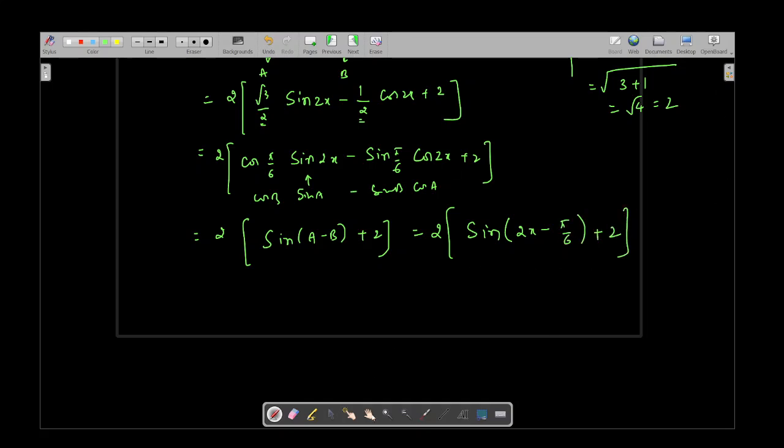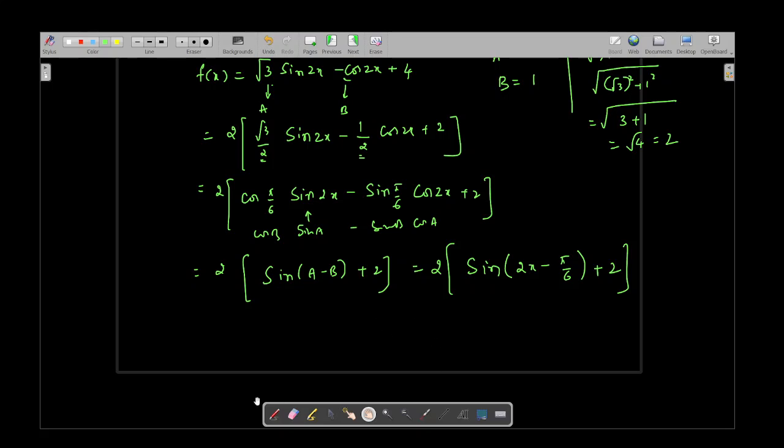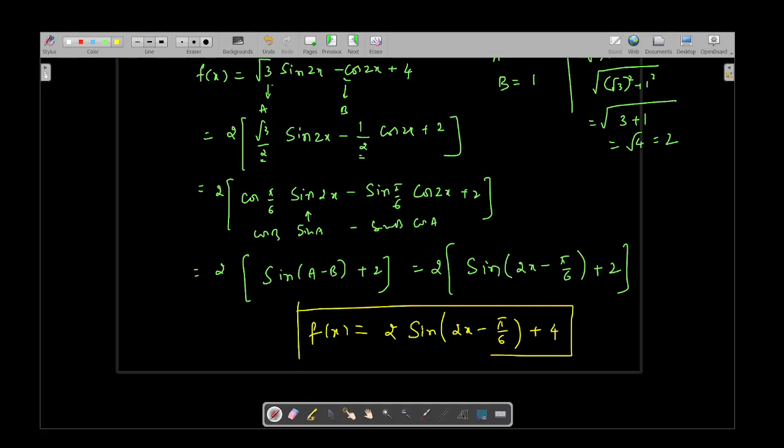So now this function is actually in the standard form. F of x is equal to this function, which has only one trigonometric ratio, that is sine. Earlier it had both sine and cos. Now it is only sine, so it is easy to find whatever you want.